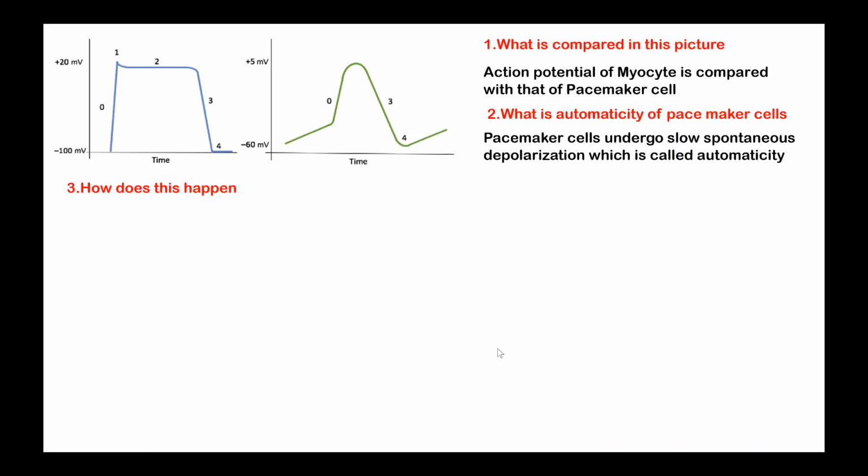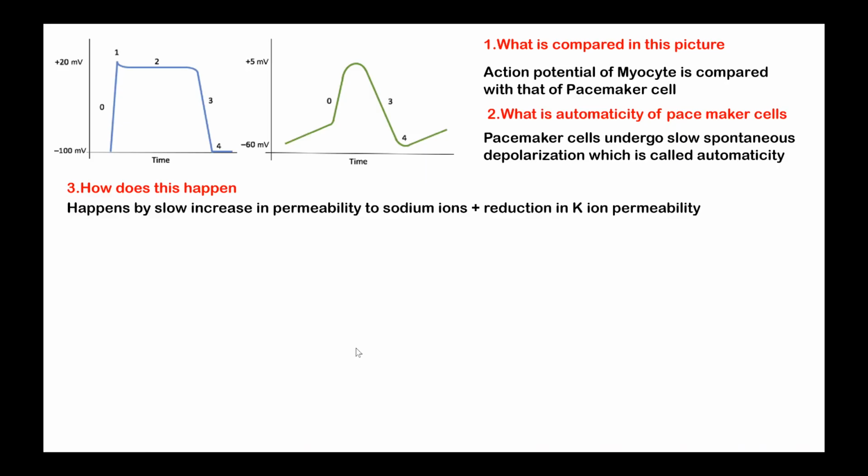How does this happen? What is the mechanism of this automaticity? There are leaky calcium channels. So increase in permeability to sodium ions, reduction in potassium ion permeability. What is the rhythmicity of the pacemaker cells? The pacemaker cells have two characteristics.